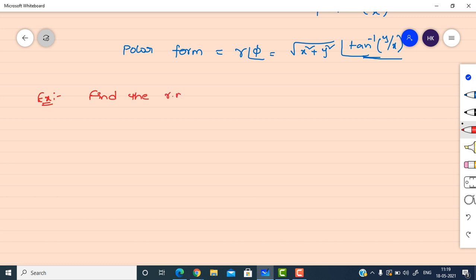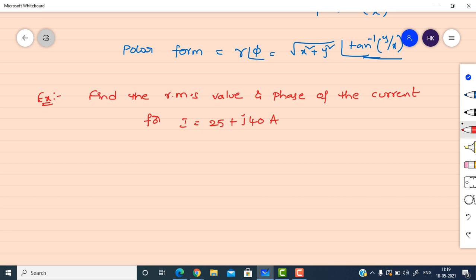Find the RMS value and phase of the current for I is equal to 25 plus j40 amperes. This is the equation given. You have to find the RMS value and phase.